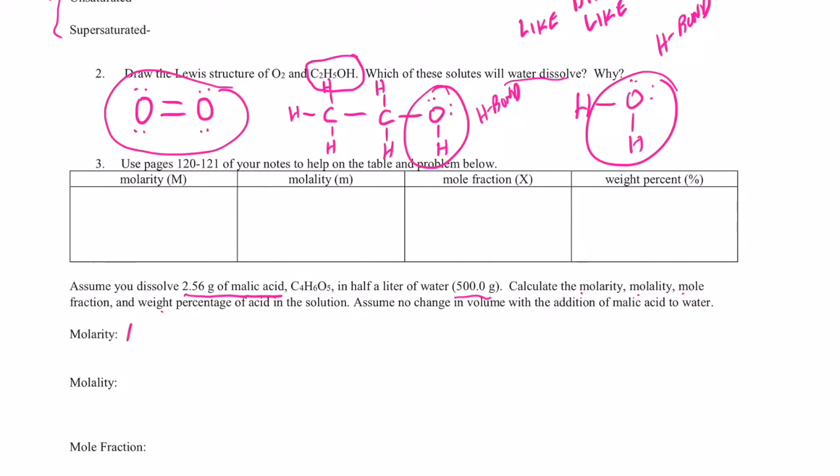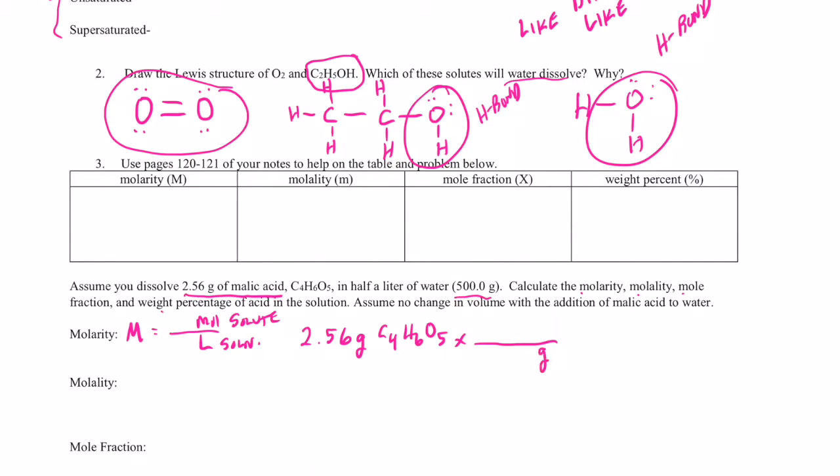You guys should know the symbol for molarity is a capital letter M. And we need to have moles of solute on top and liters of the entire solution on the bottom. Now I give you grams of solute, 2.56 grams of C4H6O5. And obviously I need to convert that to moles.